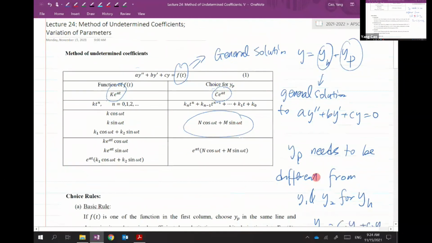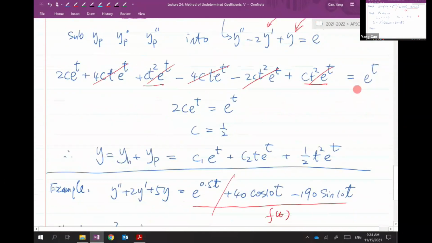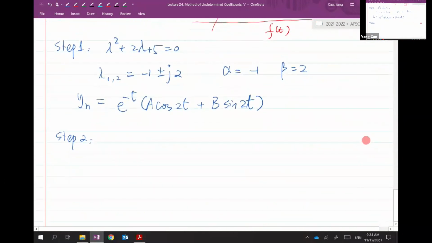Okay, yeah. So now what you typically can do, you should probably simplify this a little bit. So you can see YP consists of 2 particular solutions, YP1 and YP2.